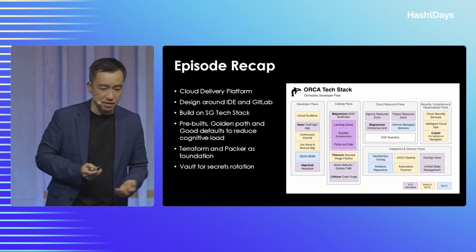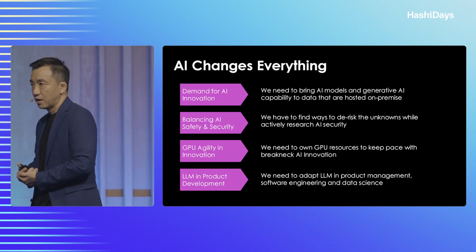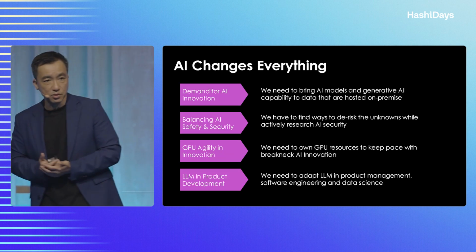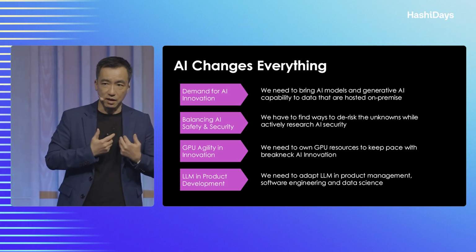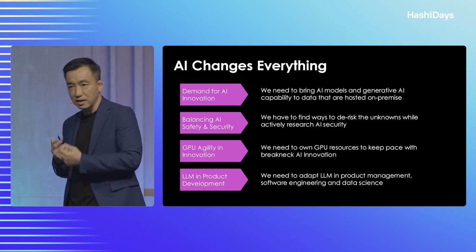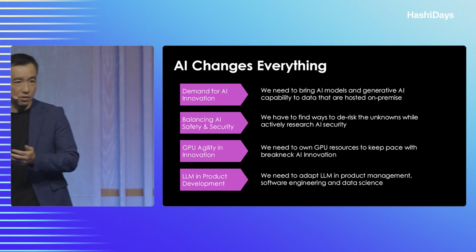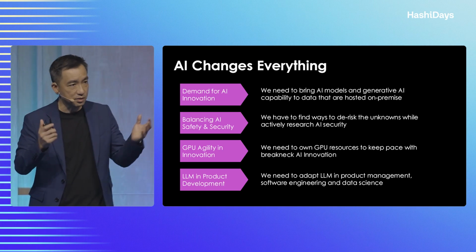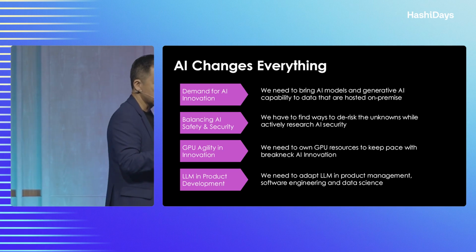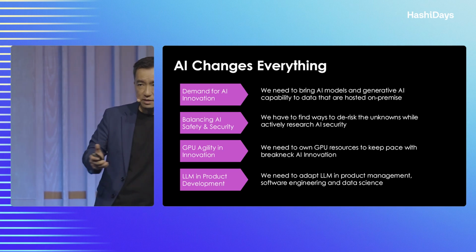Then, like all of us, AI hit us. AI kind of changes almost everything for us, right? Where I come from is HTX. We are a government agency in Singapore. Our mission is to keep Singapore safe and secure. And naturally, the data we process is confidential. We have tons of data on premise.